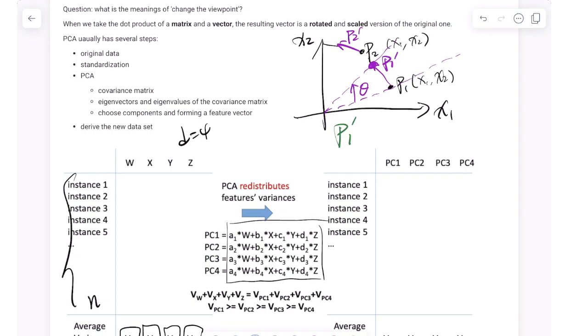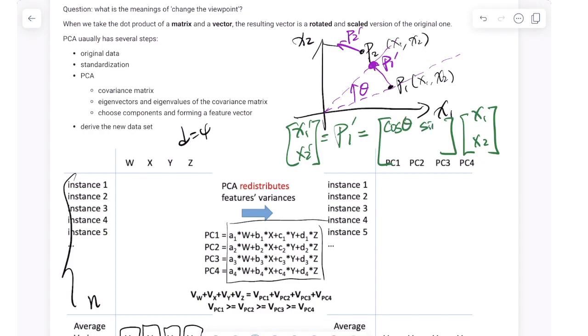After such a rotation, the coordinate of P1 prime would be something like this. X1 prime, X2 prime equals the matrix with cosine theta, sine theta, cosine theta, minus sine theta.